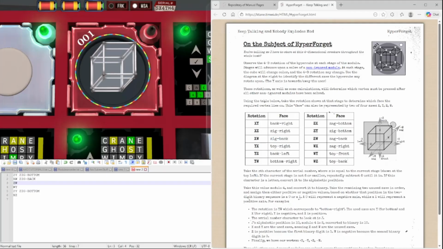ZW, look at zag back. WY, look at top front. And XZ, you get zig right.